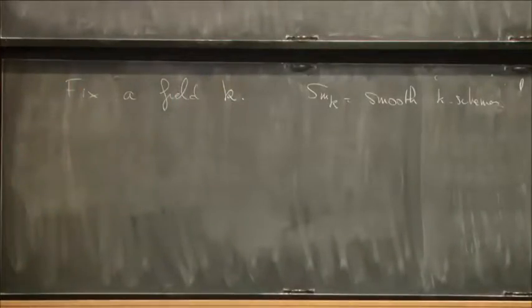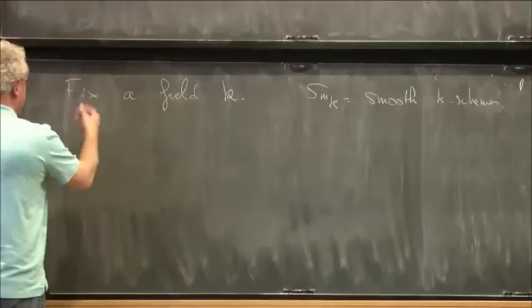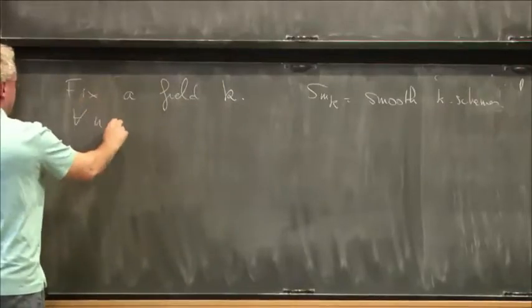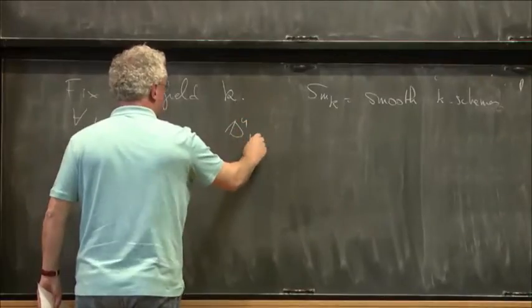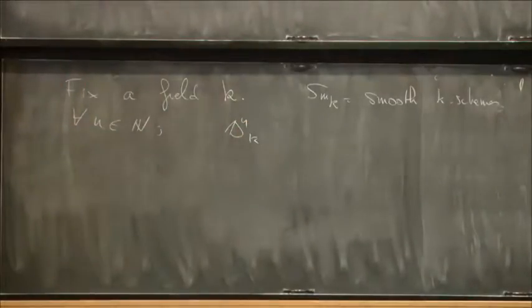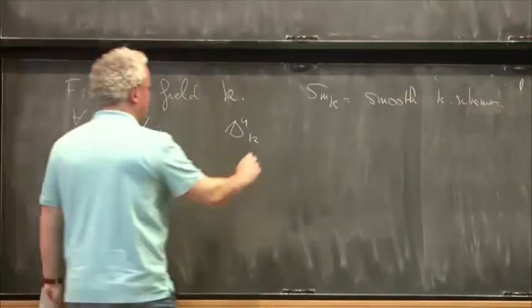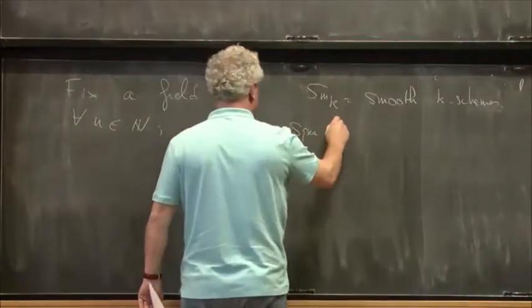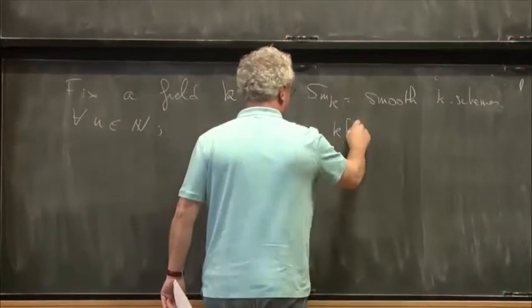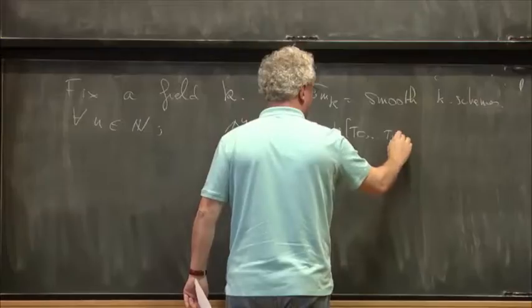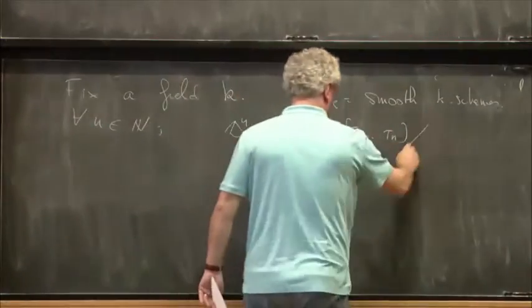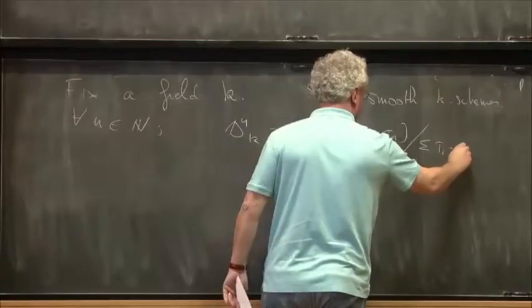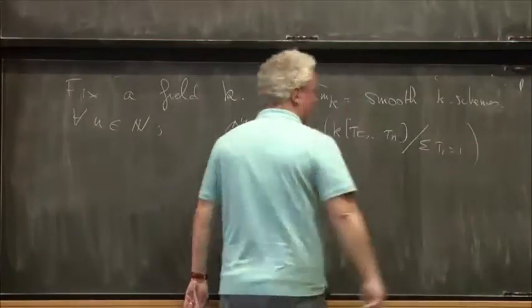Let me give some elementary definitions, well known, but still. For any integer n, the standard algebraic n-simplex, delta n of k, is the spectrum of the polynomial ring in n plus 1 variables, t0 to tn, divided by the relation that the sum of the ti equals 1.